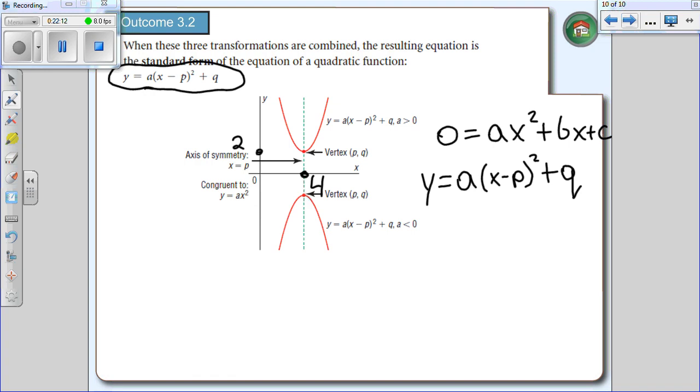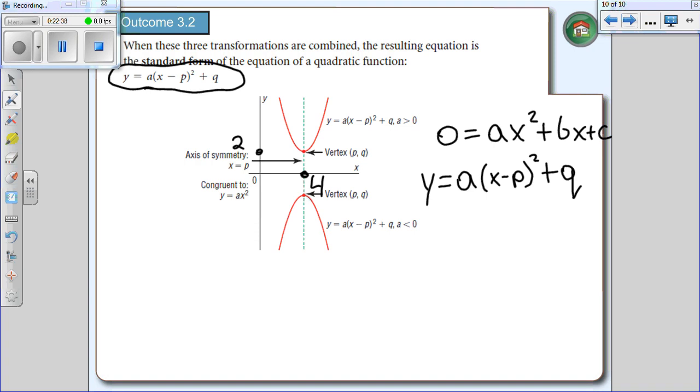Your vertex always gives away what your p and your q are. We use our vertex to find our p and q because you can't stretch your vertex. It's not possible because your vertex is 0, 0. Anything times 0 is 0, so you can't multiply it by anything. Which means if you know what your vertex is, you know what your p and your q are.